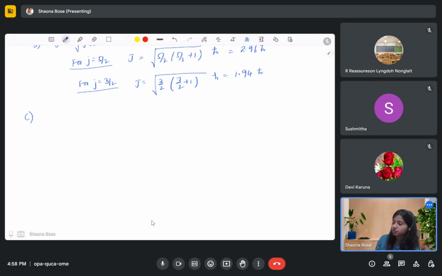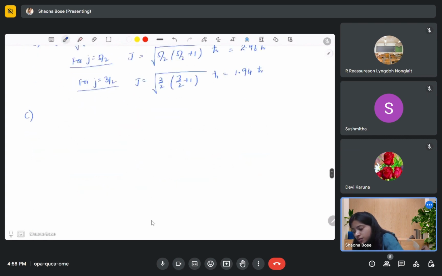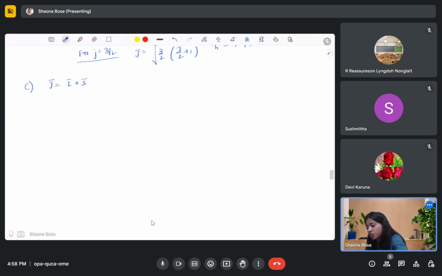How will we solve this? The total angular momentum, remember that. Let me highlight this one. So we will add these and then just take the z component, okay, which is, what it is.